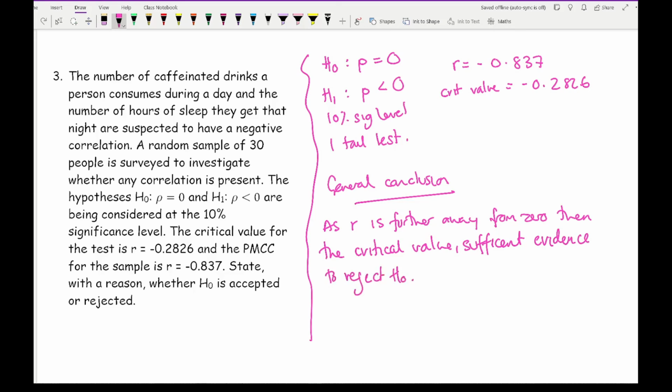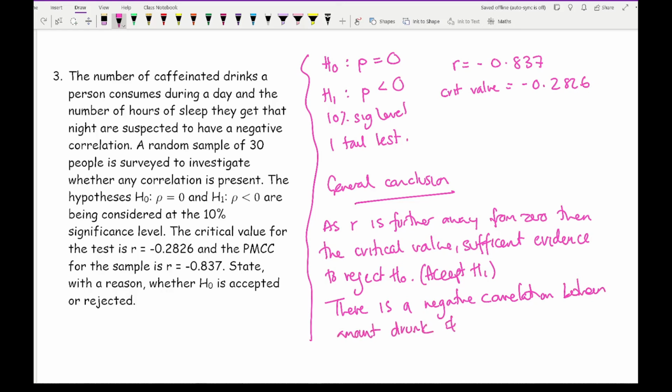So in other words, what we're doing is we are accepting H1, and then all we need to say is the real life meaning: there is a negative correlation between the amount of caffeine drunk and the number of hours of sleep.